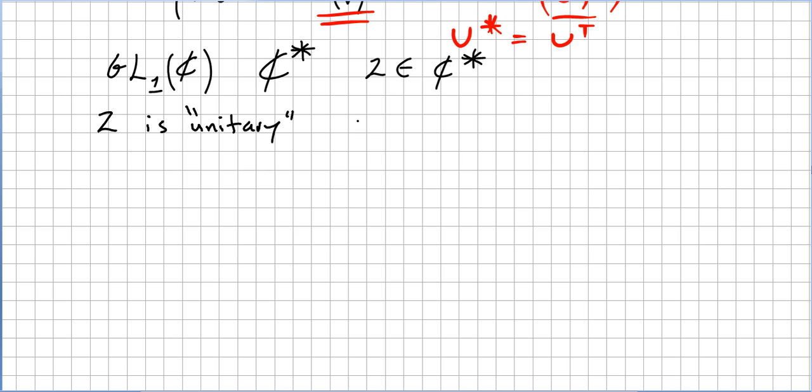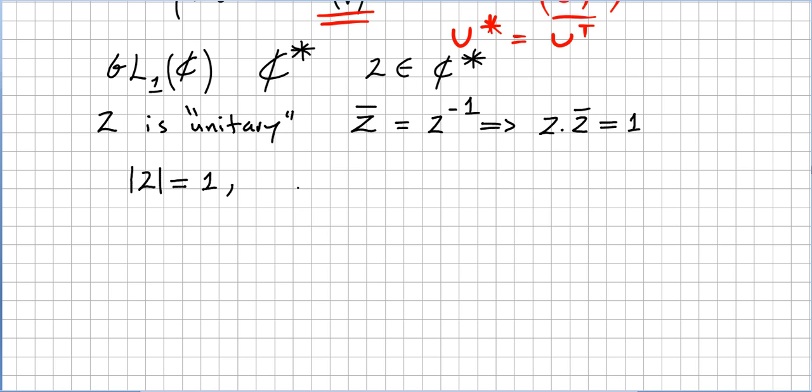We say that the number is unitary if the conjugate equals the inverse. This is the same as saying z times its conjugate equals 1, right? But this is exactly the same as saying that the absolute value of z is 1.